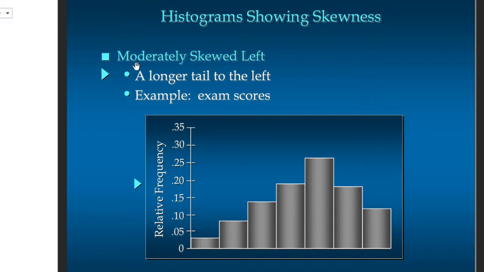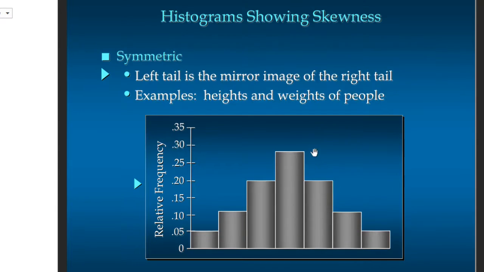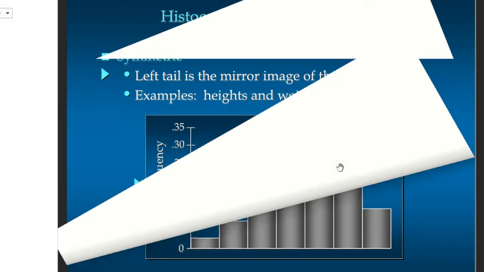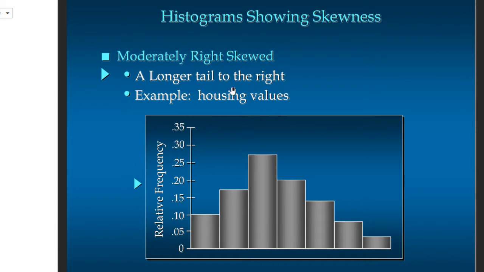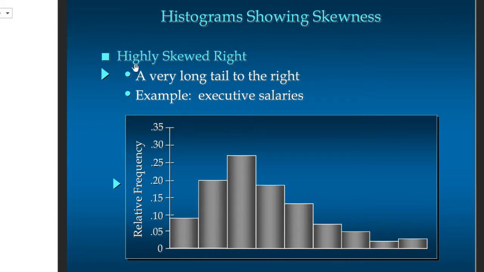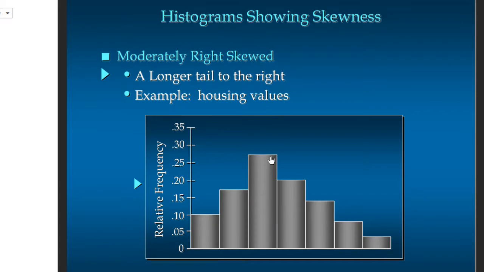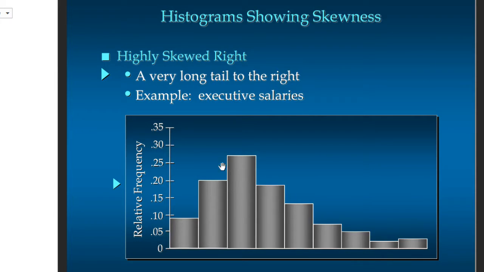Now, slightly skewed to the left, or moderately skewed to the left, means the majority is on the right side. It's kind of opposite. If they say left, then the majority is on the right side. If they say skewed to the right, the majority is on the left side. And if they say highly skewed to the right, that means compared to this, it's more towards the left.